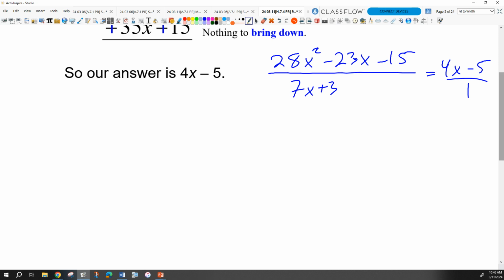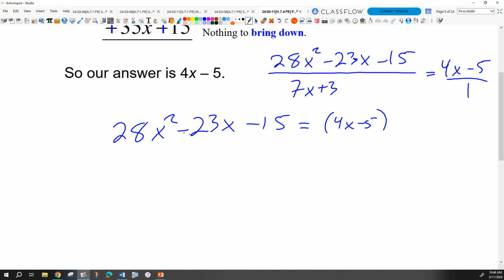Everybody get that? Okay. So then isn't this the same thing as saying 7x squared minus 23x minus 15 just equals what product? 4x minus 5 times 7x plus 3.